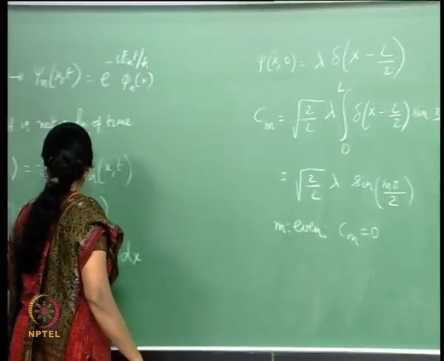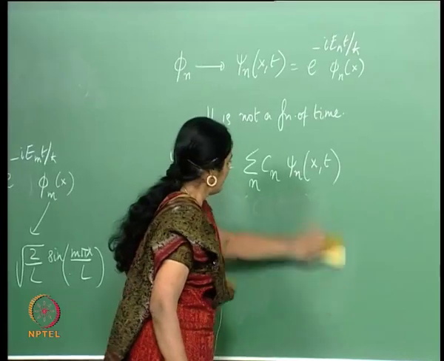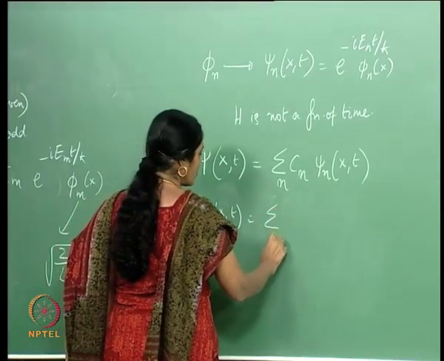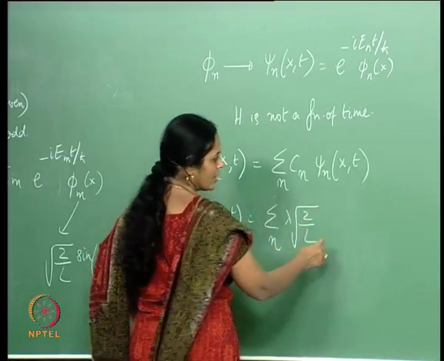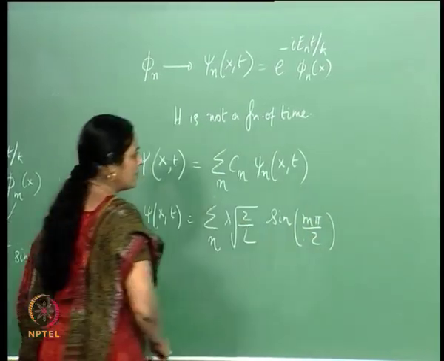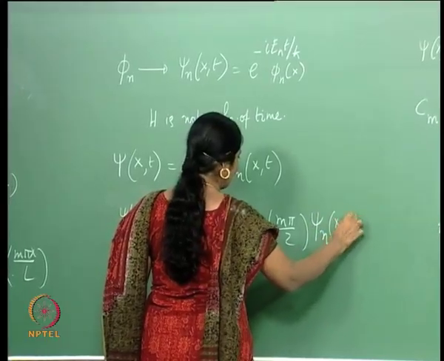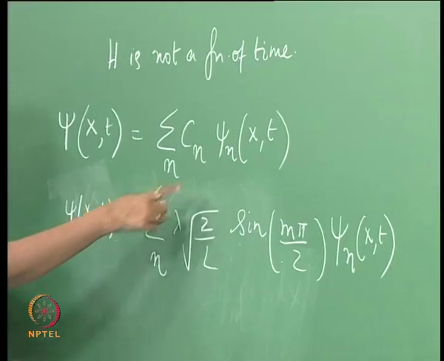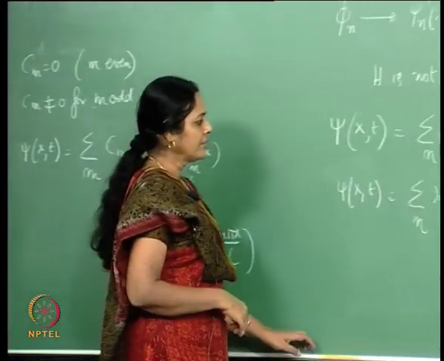So, what does it mean for psi of x,t? Psi of x,t is a summation over n of Cn, these are constants, sine n pi by 2, and that is as far as Cn is concerned, times psi n of x,t, where psi n of x,t is simply e to the minus i E_n t by h cross phi n.